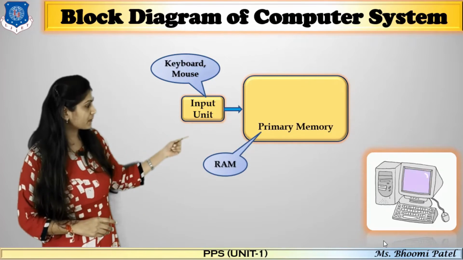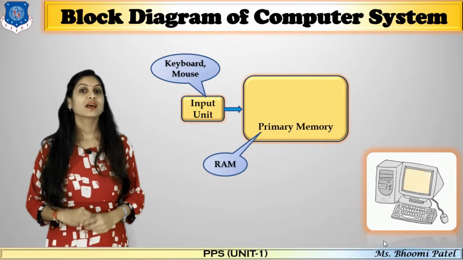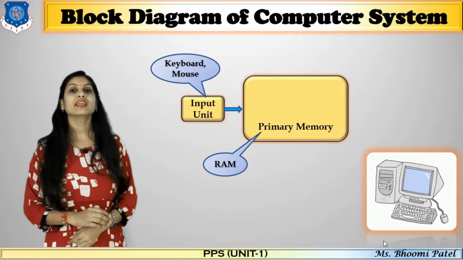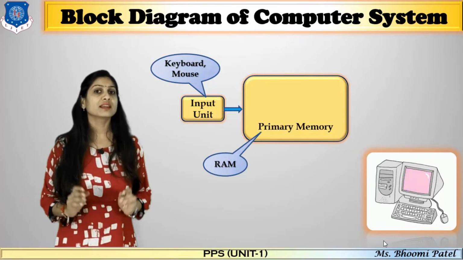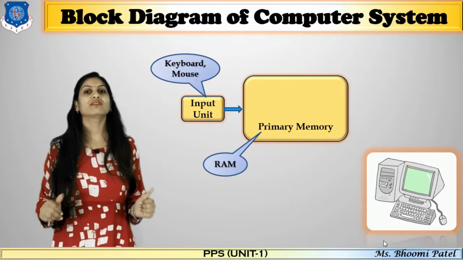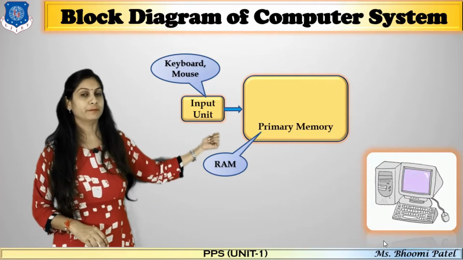The example of primary memory is RAM, the full form is random access memory. This primary memory is volatile, meaning it is a temporary storage. If the computer is switched off, then our data is lost. This is primary memory.